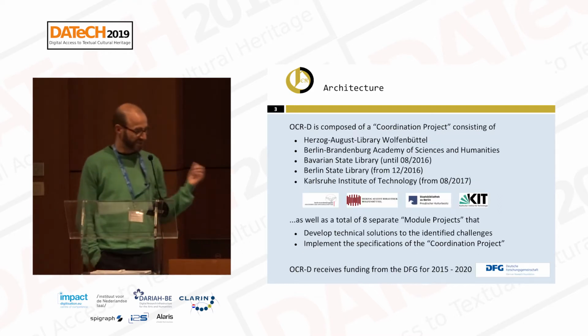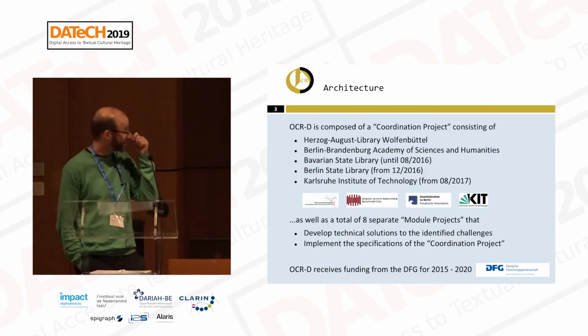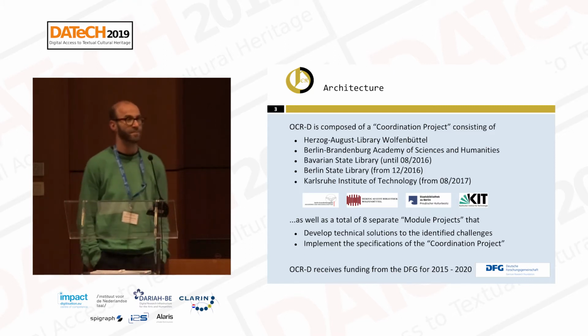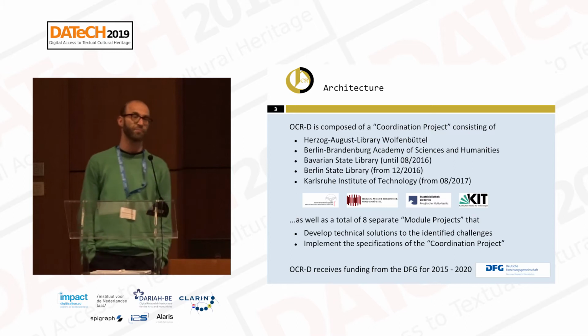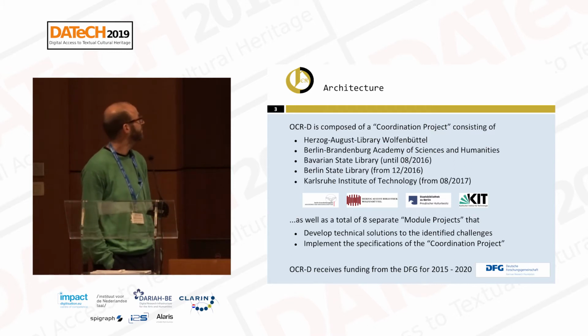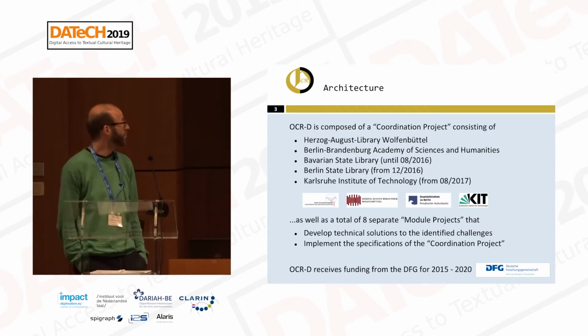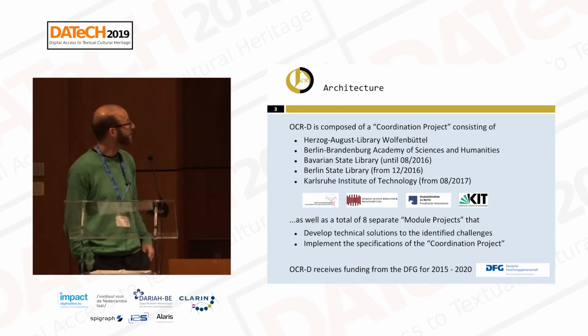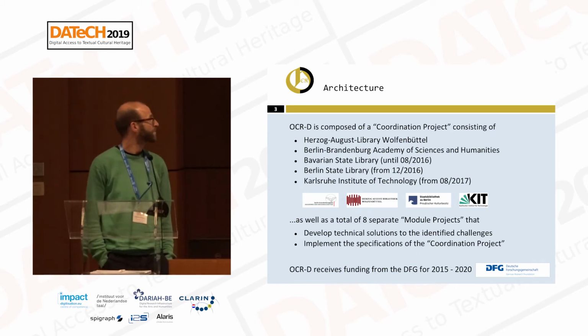So yeah, as I just said, OCR-D is structured in such a way that there is basically a coordination group or coordination project, which is composed of 4 partners. There was a change of partner in between in 2016.